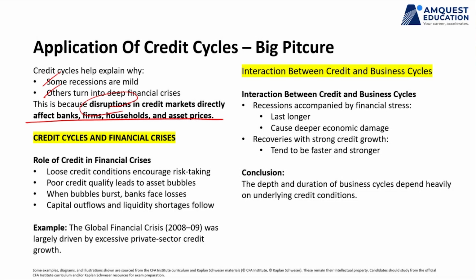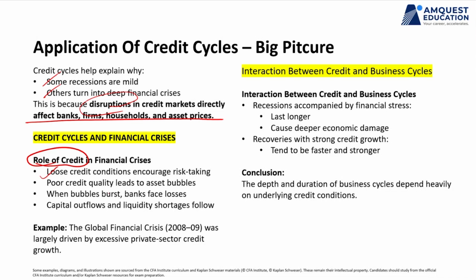Now, if you look at crisis, what role does credit play in the financial crisis? This is very clearly akin to what happened in 2008. If there's loose credit, right? If people start giving loans without checking the borrowing capability, then what will happen? The loans may go bad, the assets may fall, a bubble gets created, and with that bubble, there may be a crash in the asset prices.